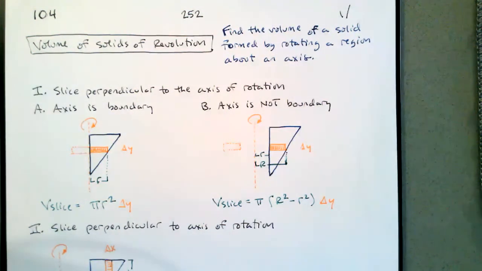So remember, what we're doing is finding the volume of a solid formed by rotating a region about an axis. This is still falling in the category of our integration is multiplication in which one of the factors is variable.